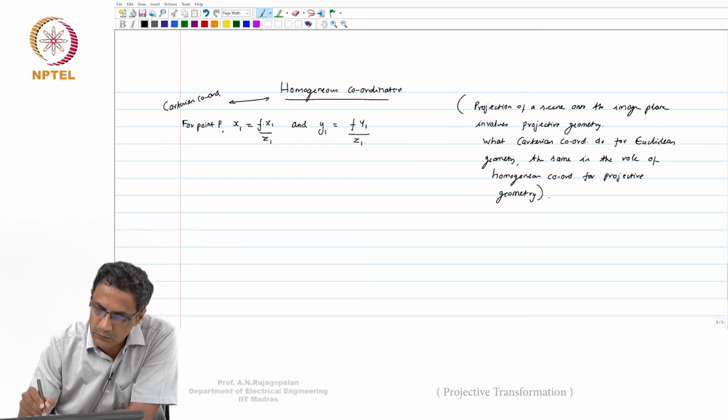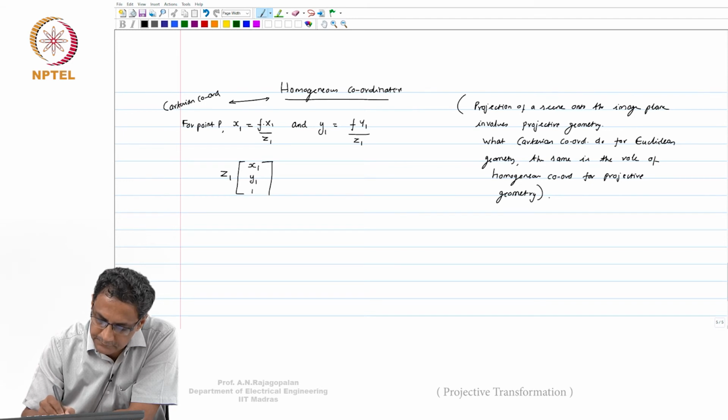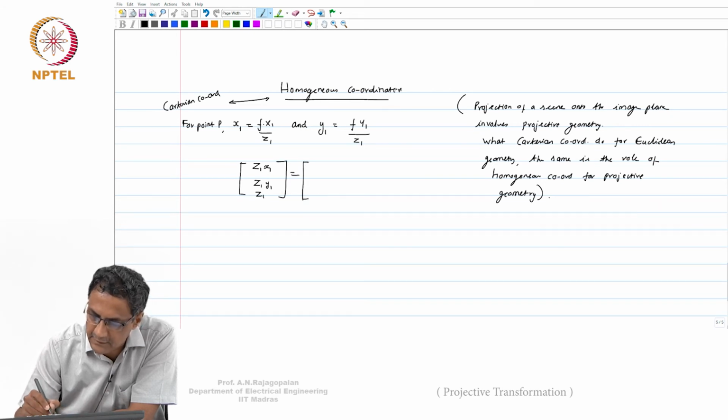Now when you write in a homogeneous form, you will write this as z1 times x1, y1, 1, or in other words you write this as z1 x1, z1 y1, z1. Now the z should be capital, by the way. It's looking small.